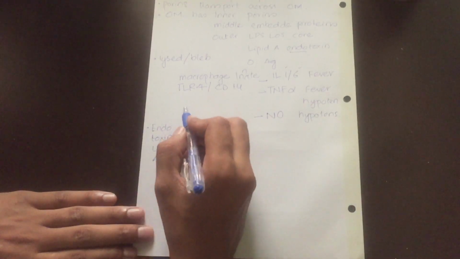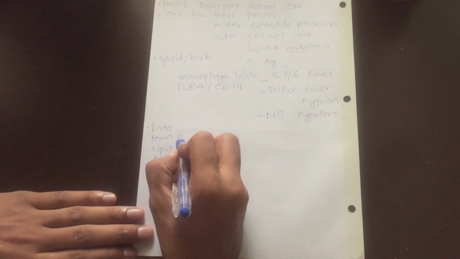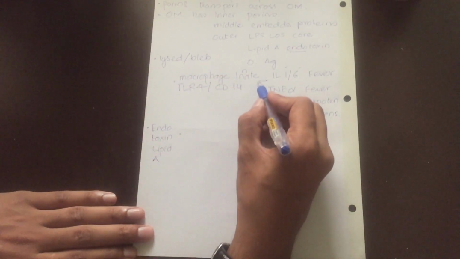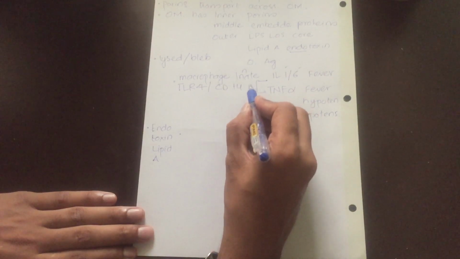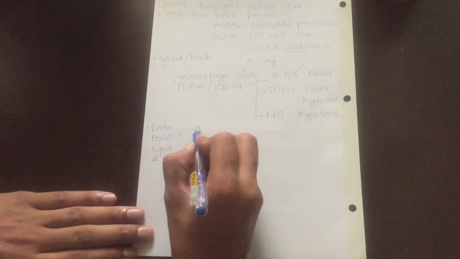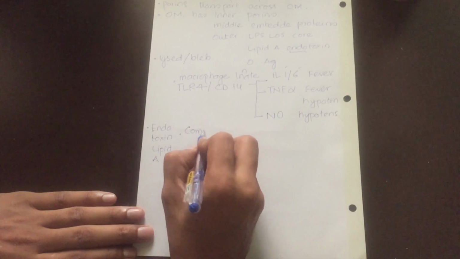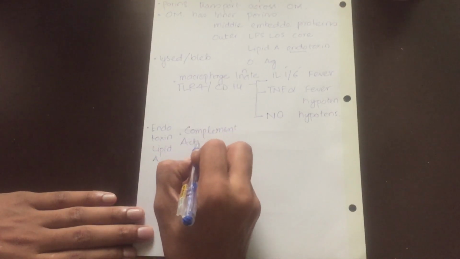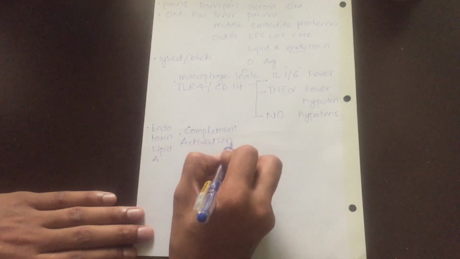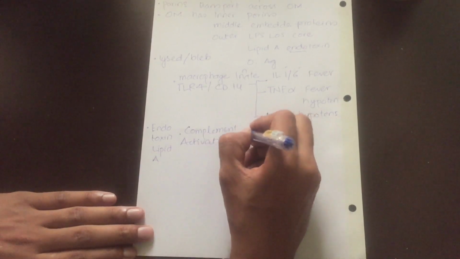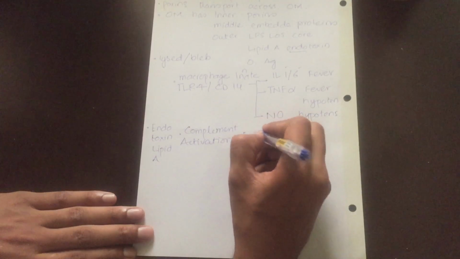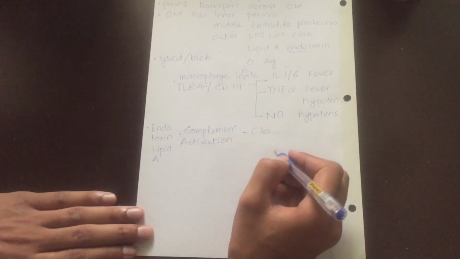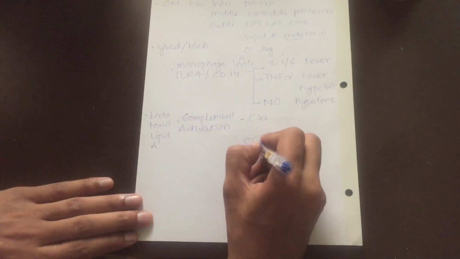This endotoxin also activates complement. This complement activation can result in C3a and C5a.